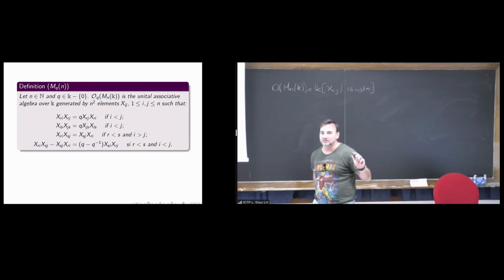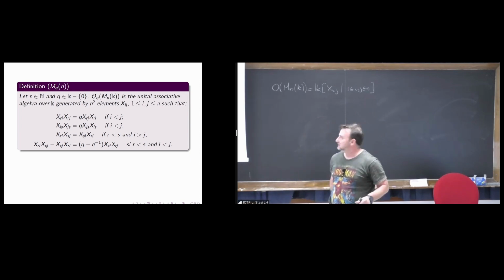Because when we take 0, the example collapses, so we get very strange things. In the last lecture, we're going to see why we don't take q equal to 0, because it makes no sense. So up to now, q is not 0, and we get this algebra with this relation.